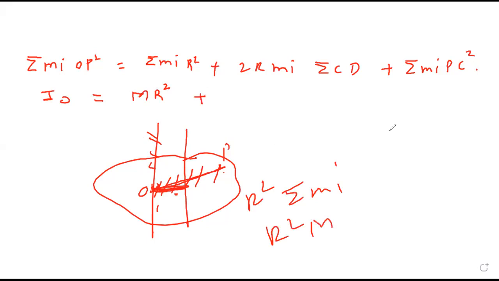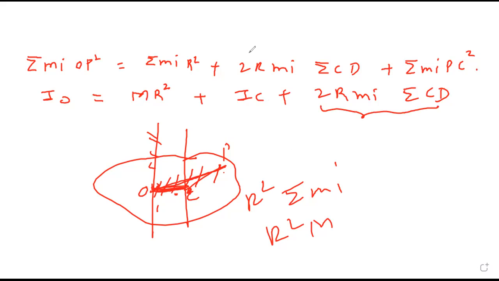Okay. PC square means distance from C, so that is IC, plus 2R summation of Mi CD. So I got the answer with this extra bonus term. If I can prove this 0, I get IO equal to IC plus MR square. Clear?